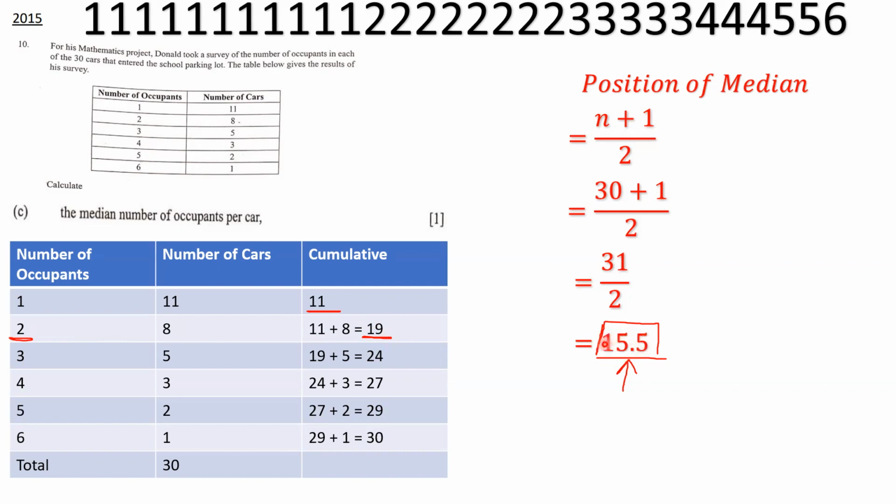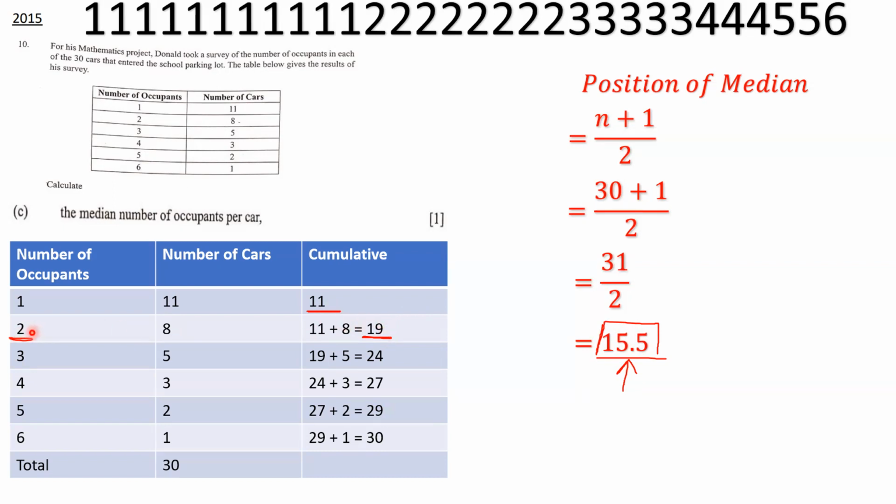They're telling us that our median is going to be in the 15.5 position. So that means that it's going to be between the 15th number and the 16th number. And so if we try to figure where 15.5 is, well, that's going to be between 11 and 19. And the numbers that are between 11 and 19, all of them are 2, right?